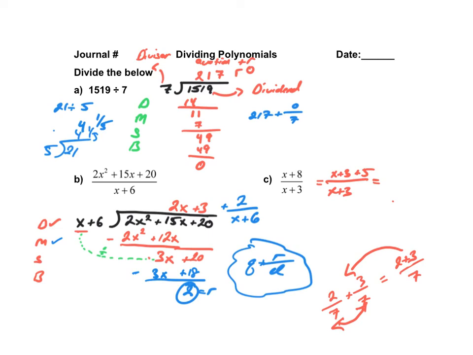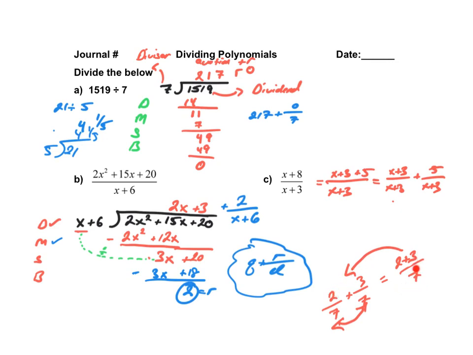I can say, well, that's x plus 3 over x plus 3 plus 5 over x plus 3. So just like I brought the denominators together down here, you can also pull them apart.